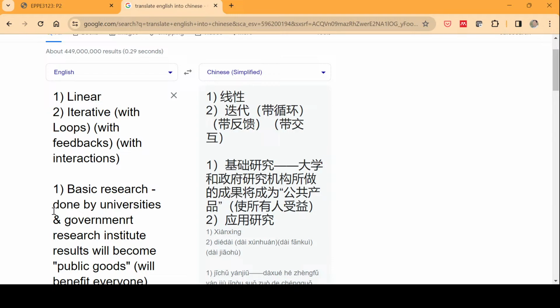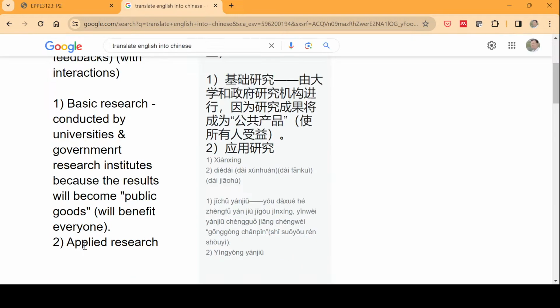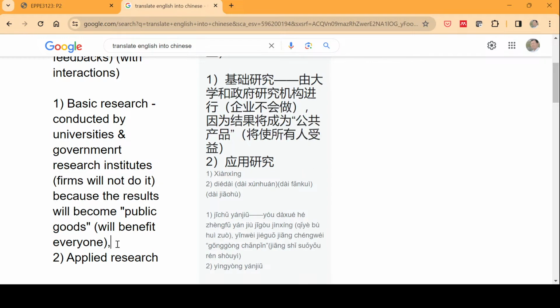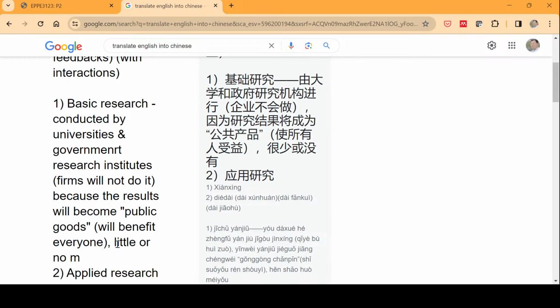Everyone will benefit, whereas firms will not do it because the results will become public, benefiting everyone. Little or no monetary return to firms.